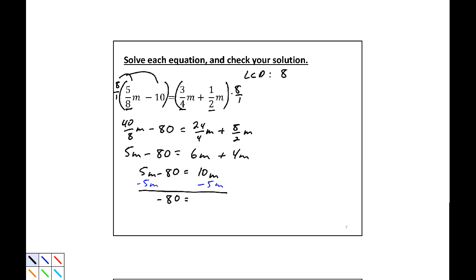Minus 80 equals 5m. And then I'll divide by 5. And that should be that m equals negative 16. And there's our solution. Again, the more complicated these things get, you want to check more and more often if you can.